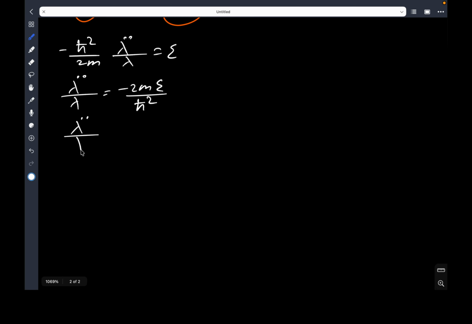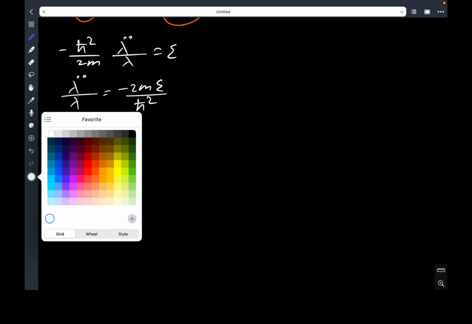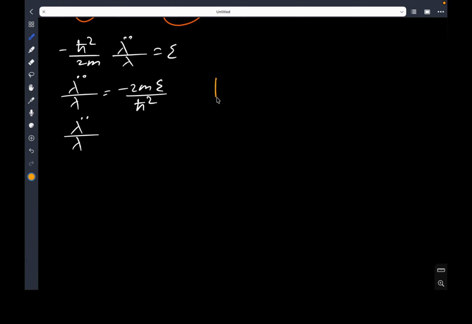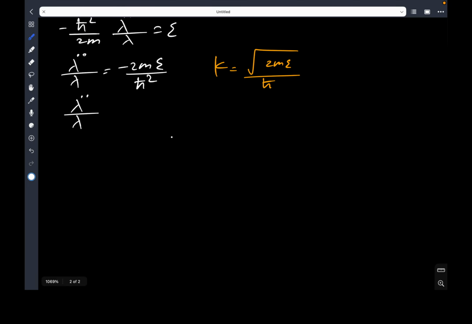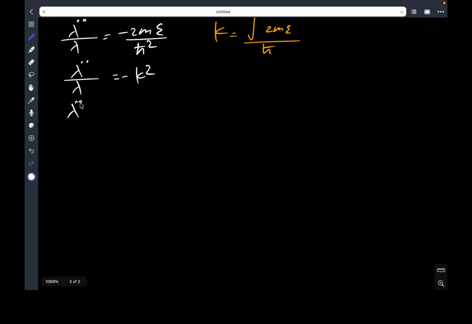I'm going to define a constant k, where k squared is 2m E over h bar squared. So lambda double dot over lambda is going to be negative k squared. Thus lambda double dot is going to be negative k squared lambda.